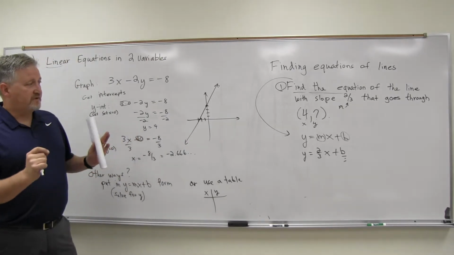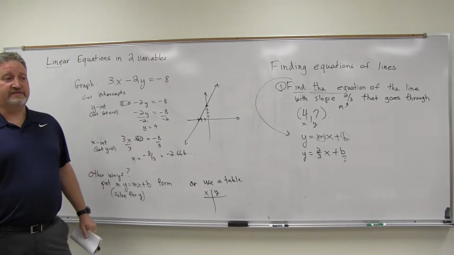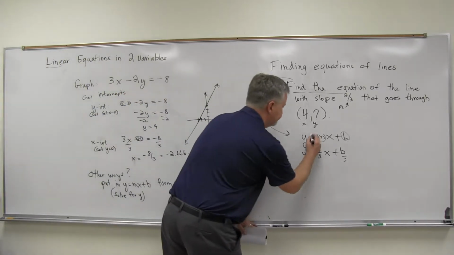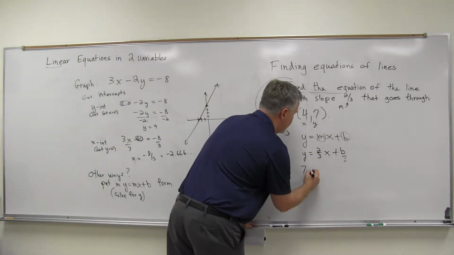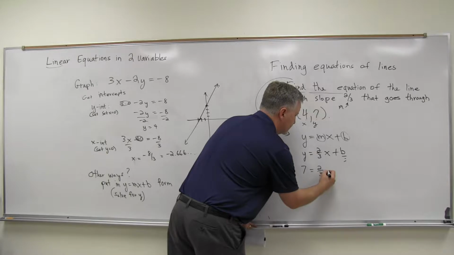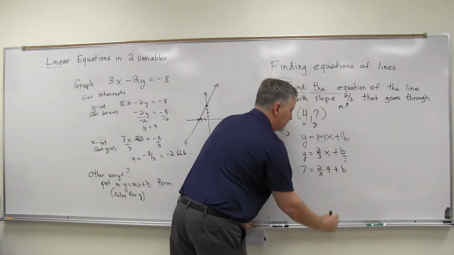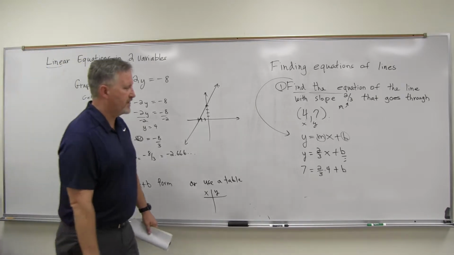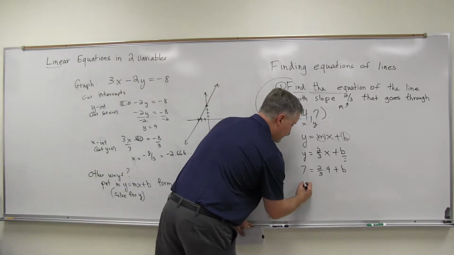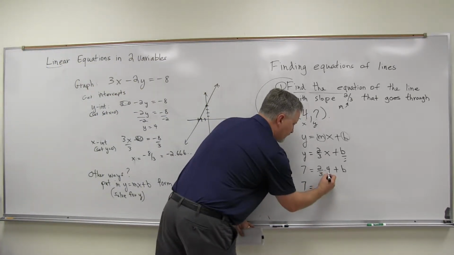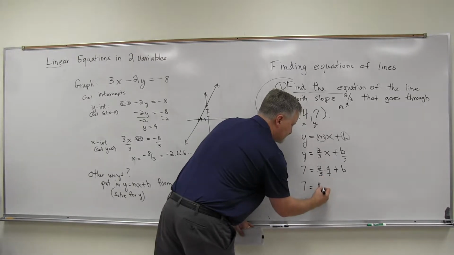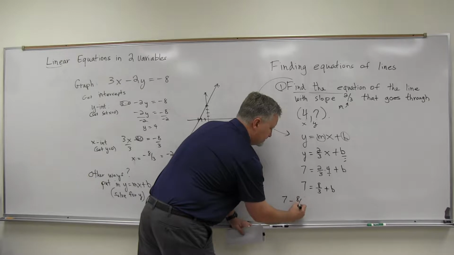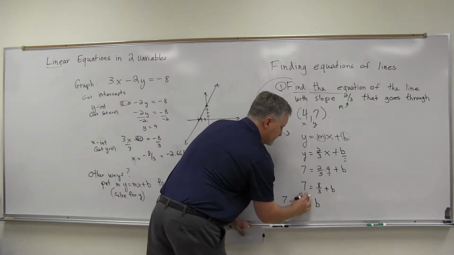So to find the b, I can just plug in that x and y respectively. y is 7 and x is 4. That allows me to find my value for b. 2/3 times 4 over 1 is 8/3, multiply across. So all I'd have to do is subtract 8/3 from both sides, and that's my b.